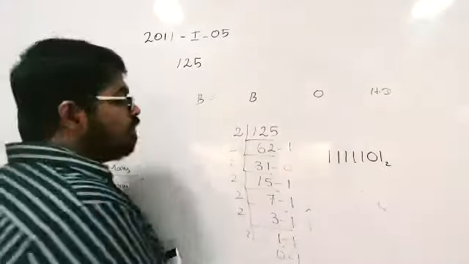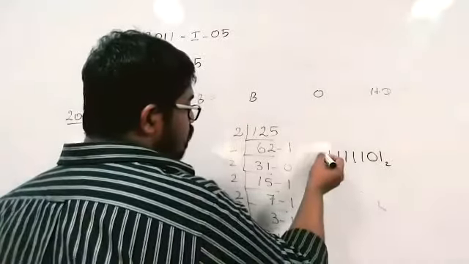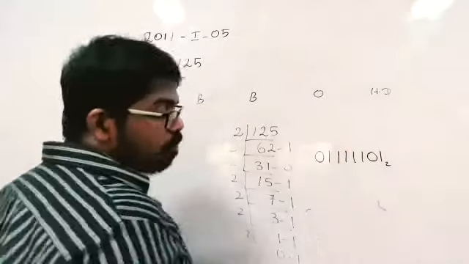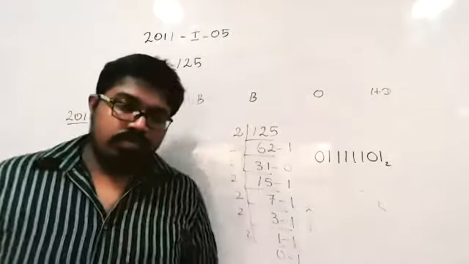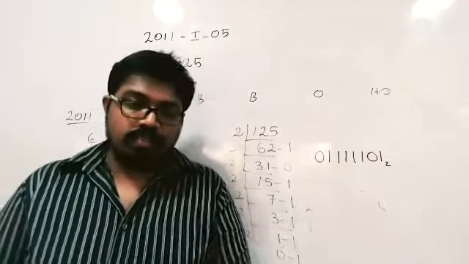So to make the 7-digit answer into an 8-digit answer, you can put 0 in front of the binary value, right? So that is done.